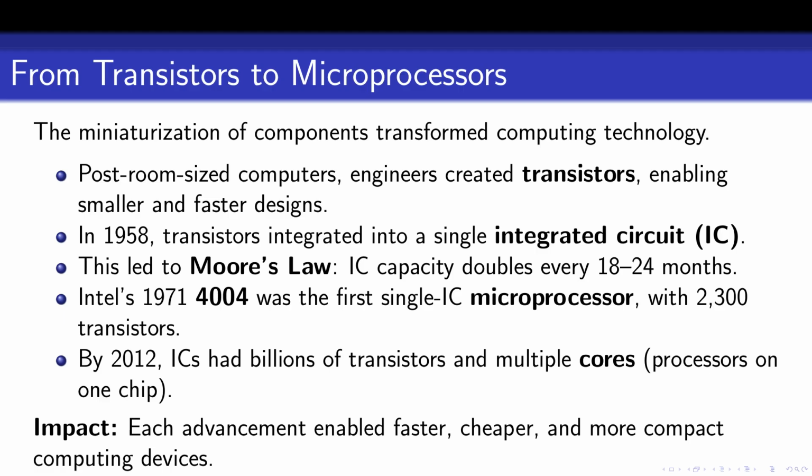It could execute instructions, perform logic operations, and run programs, all on something small enough to fit on your fingertip. By 2012, that number had exploded into the billions, with processors containing multiple cores, meaning they could run multiple tasks at the same time. Thanks to these advances, we now have incredibly powerful computers in our pockets and on our wrists.